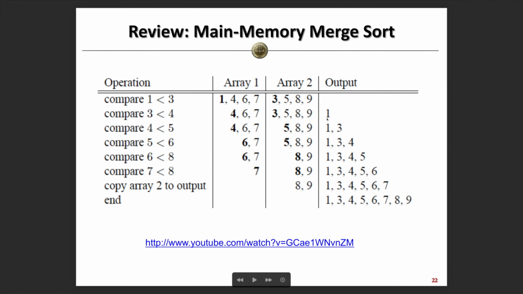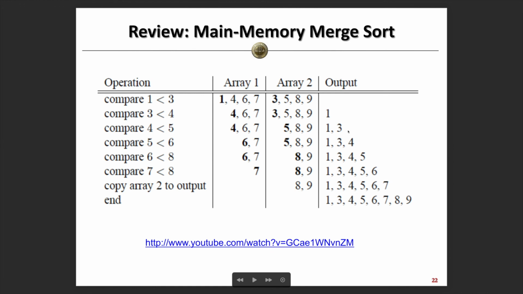Then we move the pointer to the next position, so the head of array 1 will be 4. We compare 3 with 4. We see that 3 is less than 4, so we output 3 from array 2 and move its pointer. We then compare 4 versus 5, and output 4.